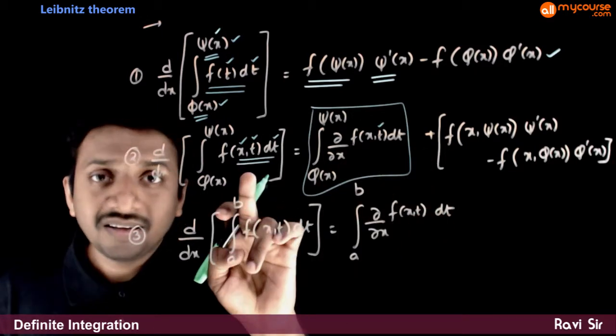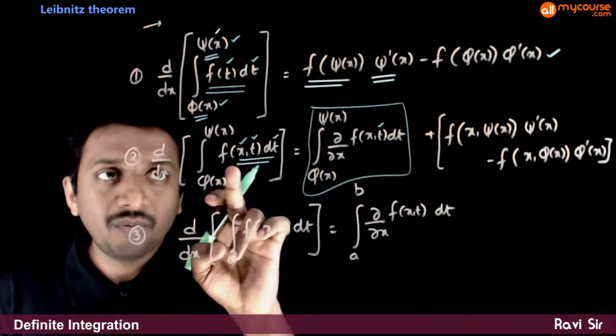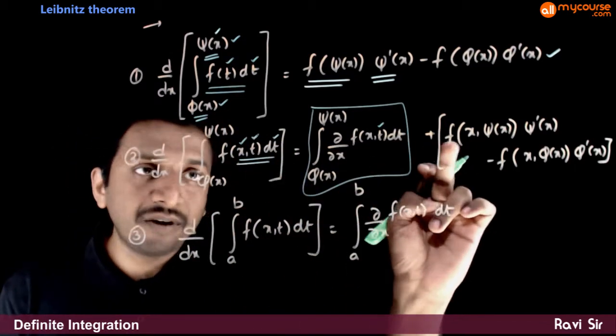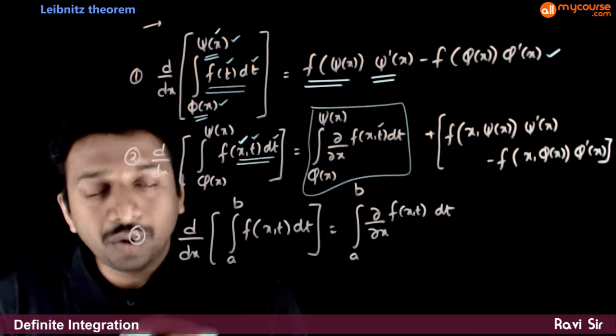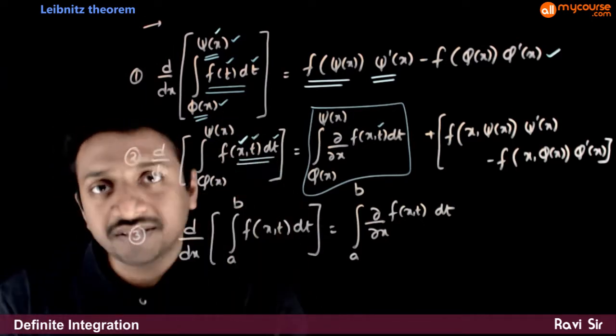So dou by dou x of f of x comma t dt, that is one term, plus in the next term, this looks similar to the previous formula. What you do is, in the place of t, you put psi of x, that is f of x comma psi of x. Wherever you have x, you don't need to do anything with it. Wherever you have t, you need to put psi of x in the place of t.